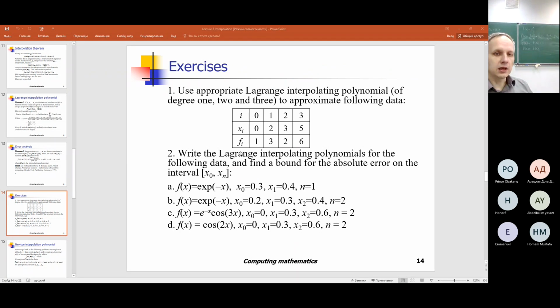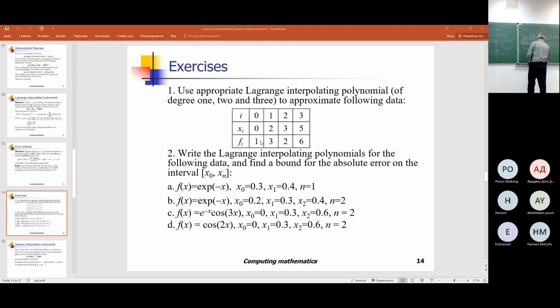Let's consider this table of values. I corresponds to the number of points 0, 1, 2, 3. X is a point x. F is a function value.